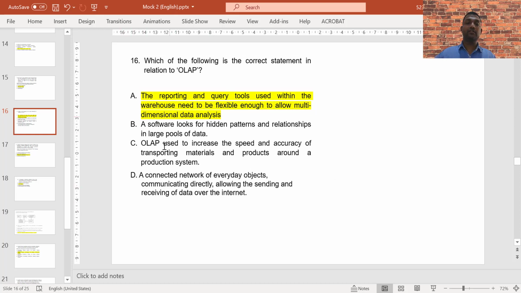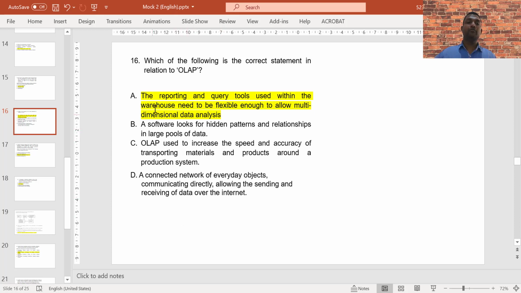And this is not looking at hidden patterns. This is doing data analytics, or analyzing the data based on different dimensions, not necessarily looking at hidden patterns, right? So you can't use these data analysis tools to speed up the process itself, because this doesn't have anything to do with the process.